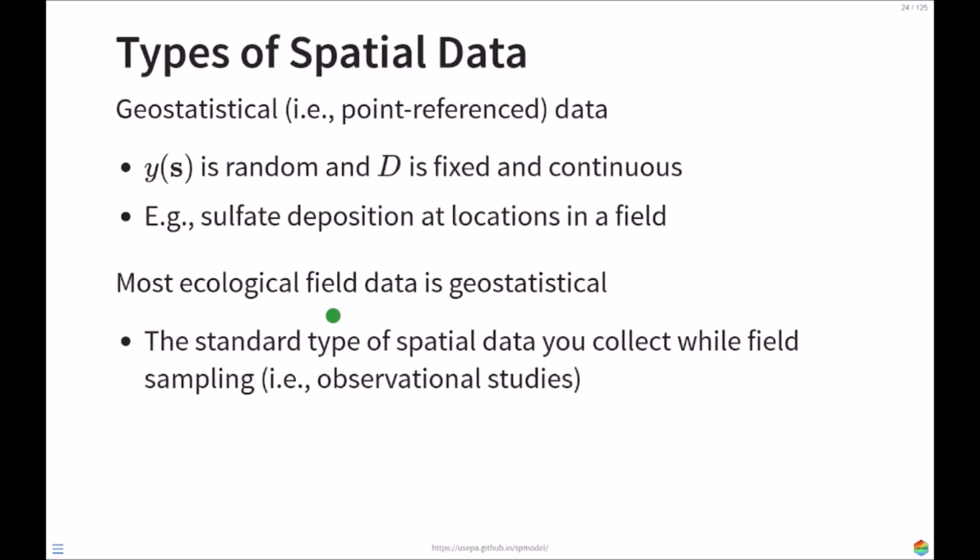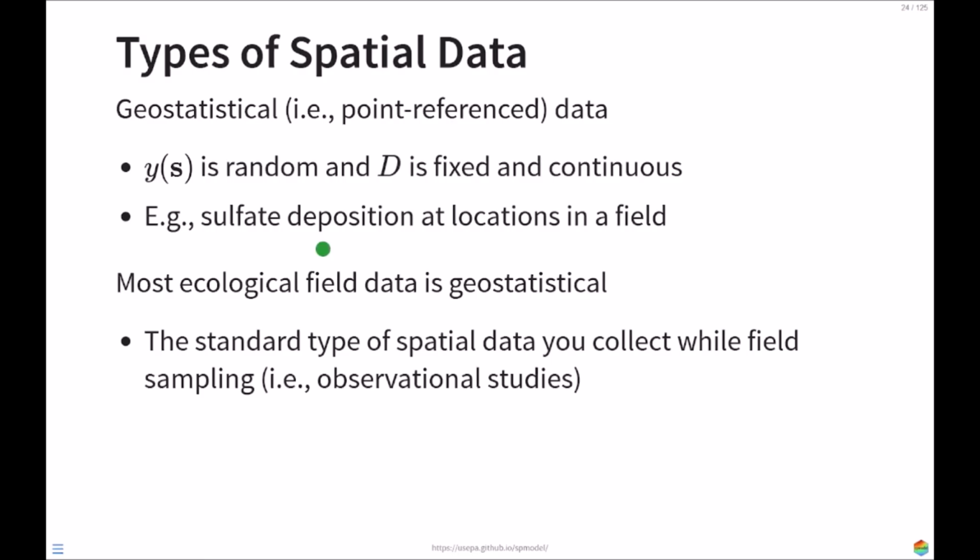So we can use the spatial process framework to describe a few different types of spatial data. The first is what we call geostatistical or point reference data. These types of data occur when y of s is random and D is fixed and continuous. So what does that mean? Y of s being random, that's our response variable.